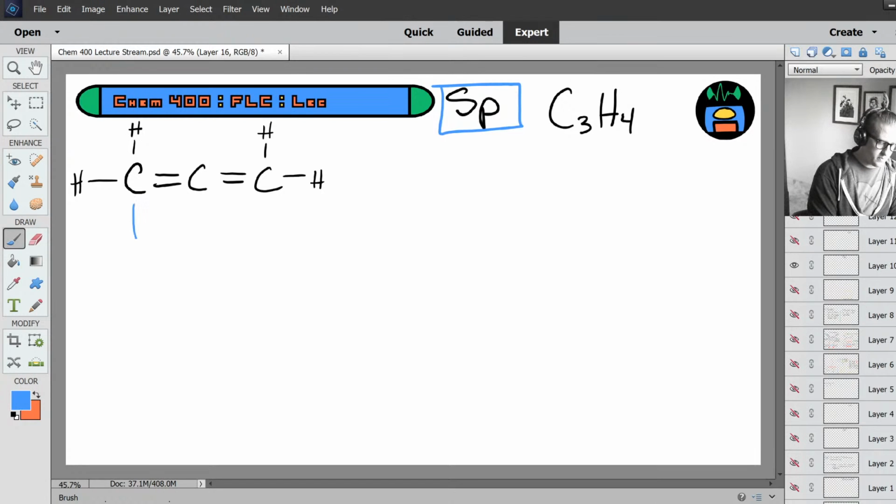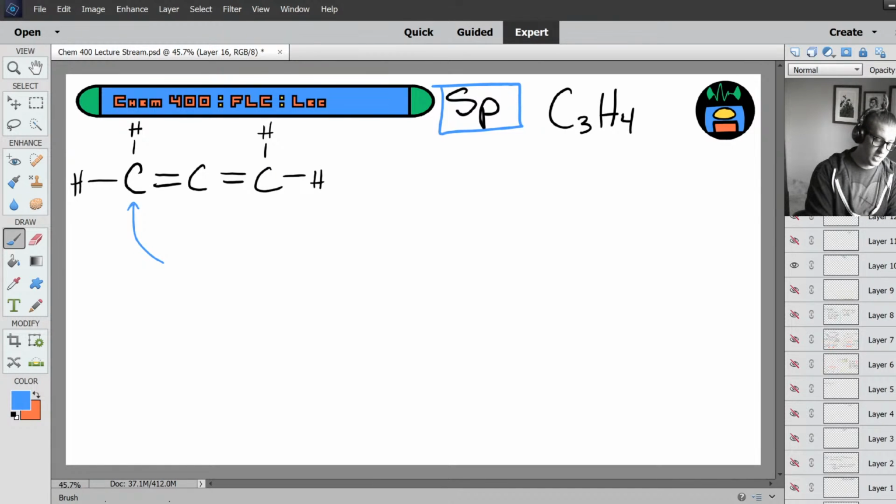All right, let's assign our hybridization. First to this carbon. So hybridization, we began this discussion of hybridization on Monday, and I said that the hybridization is determined by the electronic geometry. So if I point to an atom and ask you to tell me the hybridization of that atom, all you have to do is count the number of electron groups that atom has, and it'll tell you the hybridization.